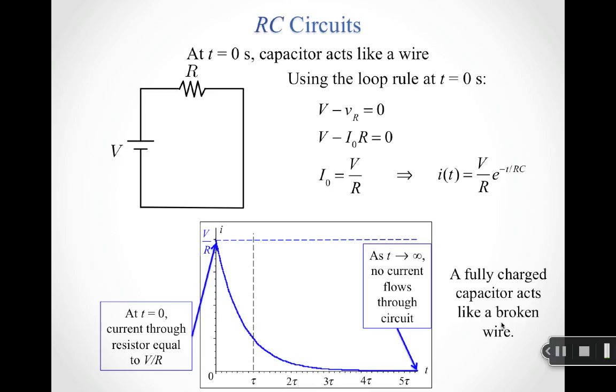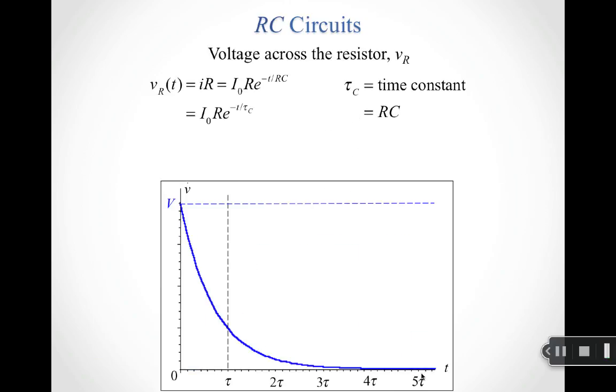So it stops current from flowing through once it's fully charged. So an uncharged capacitor acts like a wire. A fully charged capacitor acts like a broken wire. And then what we're keeping track of with this equation is how the capacitor transitions from being a wire to a broken wire over about 5 time constants.